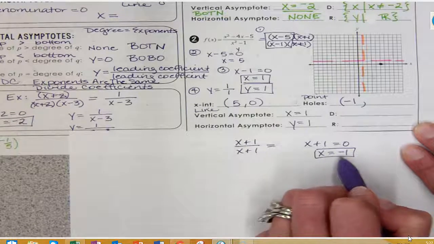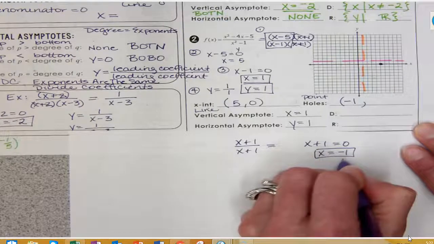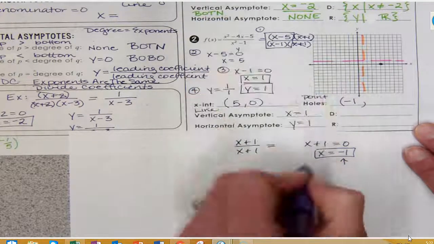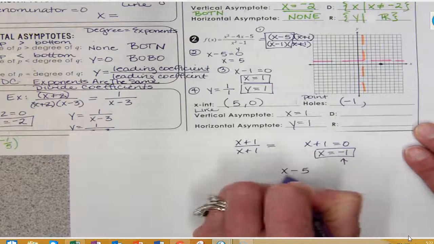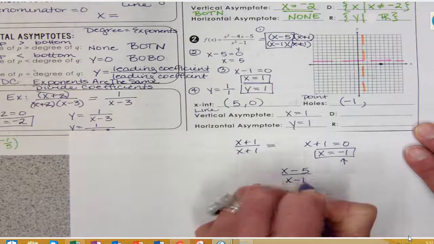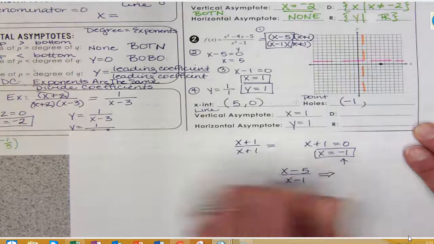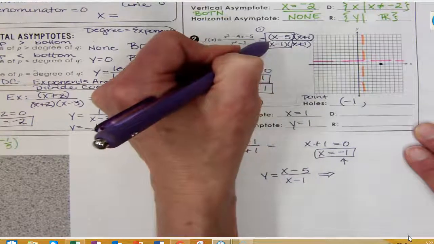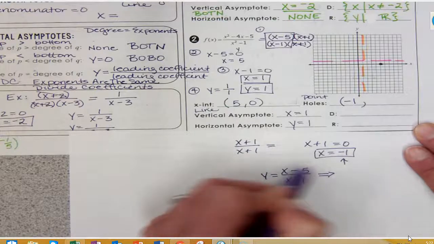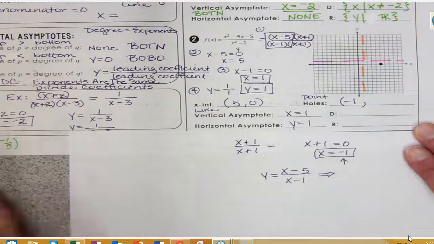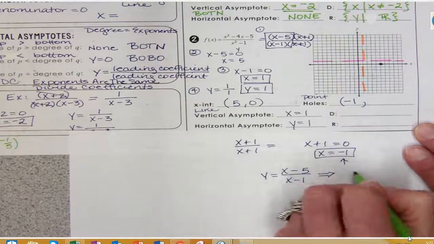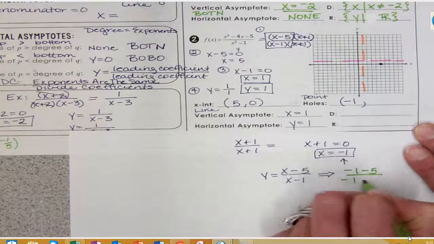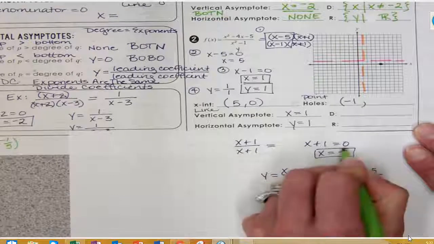So if I have x equals -1 as a point, I need to find out the y coordinate. So I'm going to take my x minus 5 divided by x minus 1. That's my y equals. Taking this equation, I'm going to plug in -1 for my x value. So I get -1 minus 5 divided by -1 minus 1.